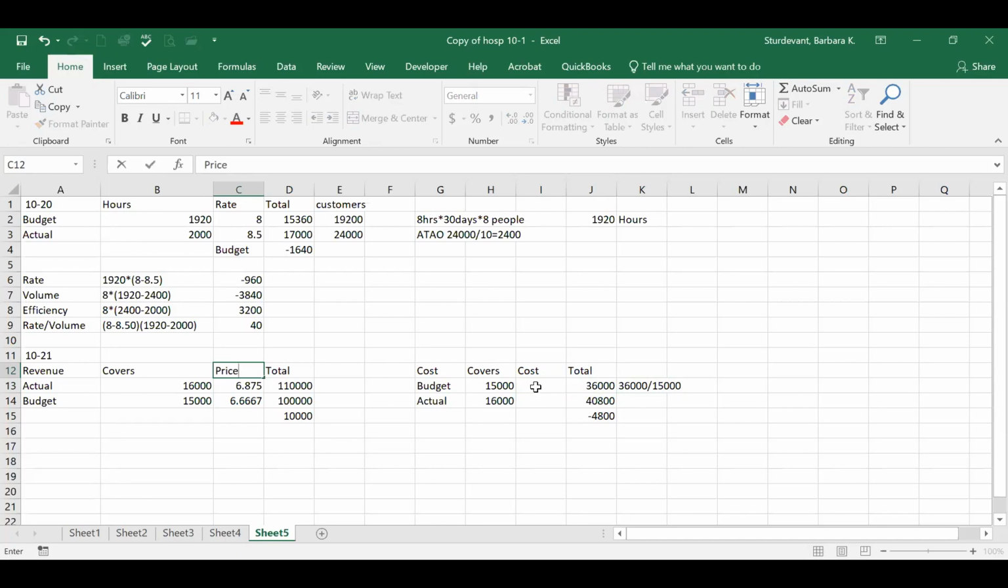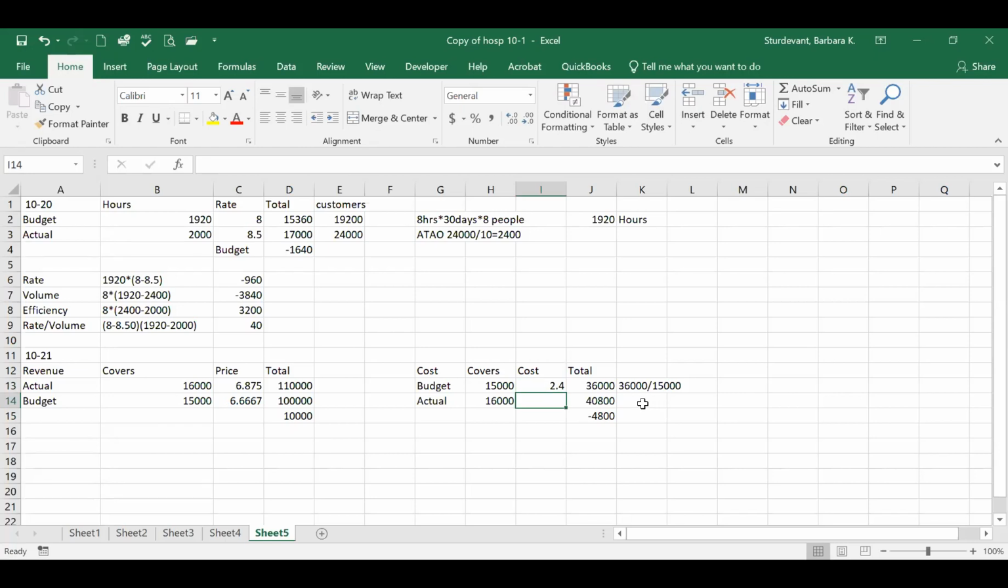So if you divide that out, your budgeted cost would be what? What's the 36,000 divided by 15,000? 2.4. Thank you.